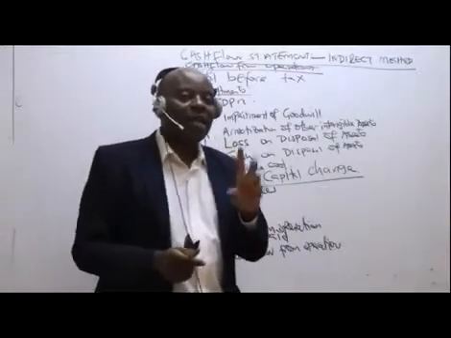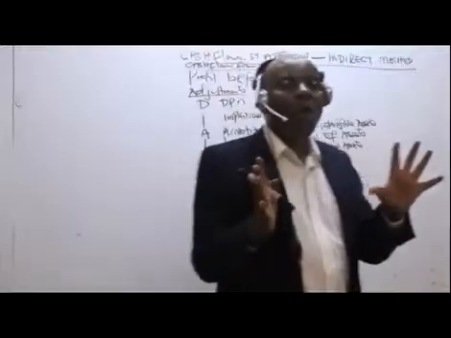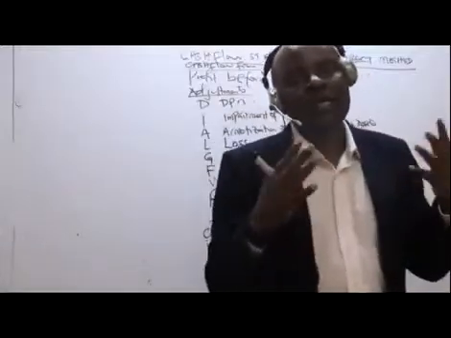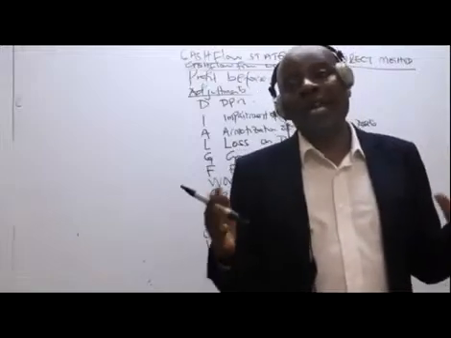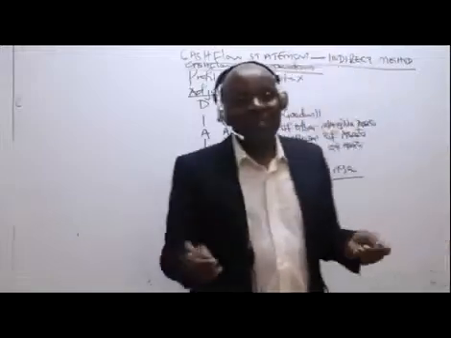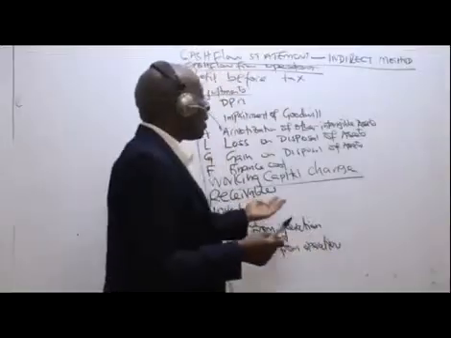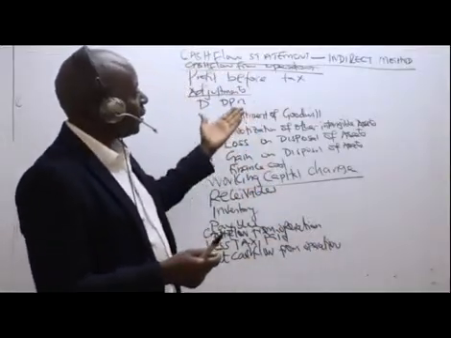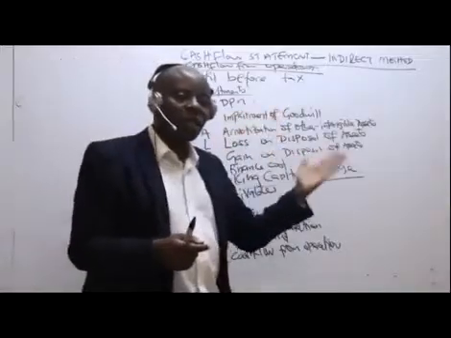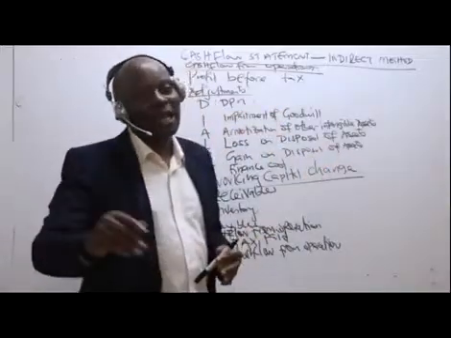IAS 7 does not allow you to combine those. You must distinguish between the three types of cash flows. We don't want you to raise money from loans and then say that you are going to use it to pay dividends. The law does not allow that.